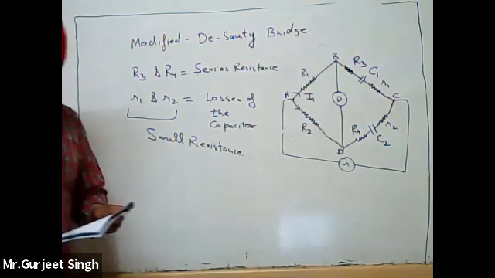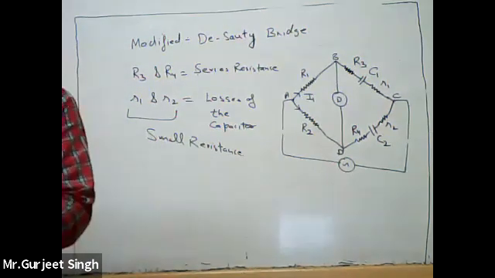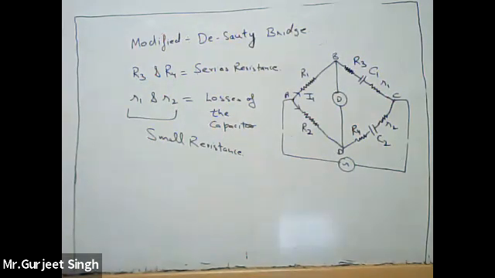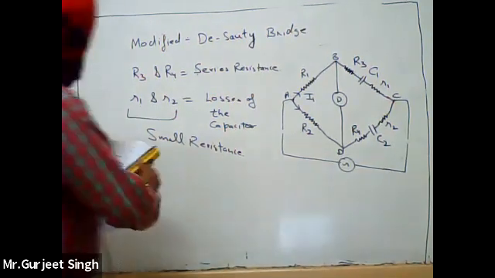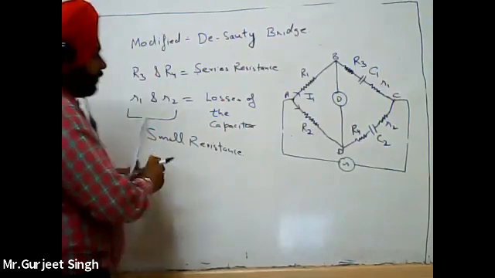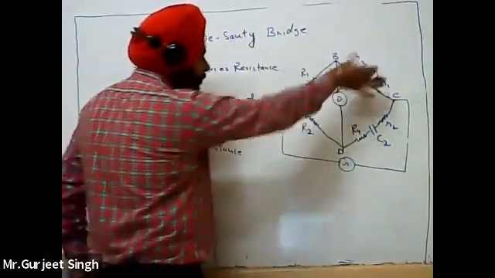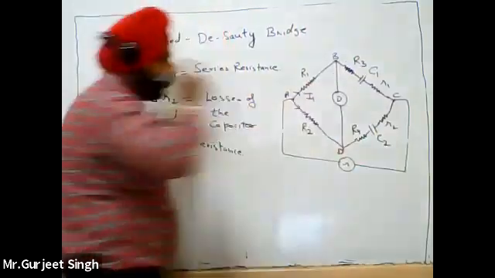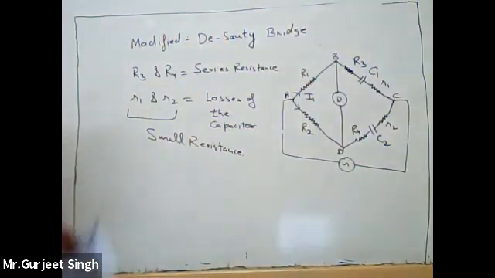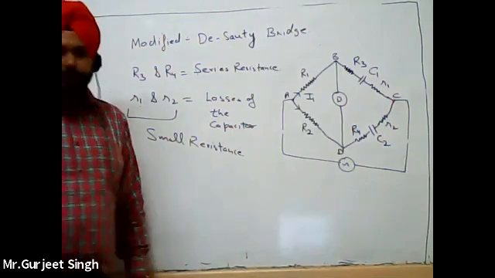Okay, so we will find the balance equation. We will find the value of C1 and R1. Now we will write down the V1 voltage, V2 voltage, then V3 and V4, and then the balance equation of this bridge.